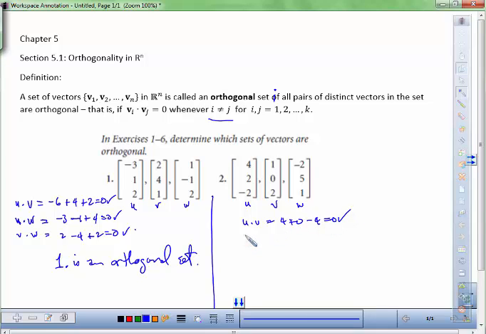So that checks out. U dot w is negative 8 plus 5 minus 2. Nope, plus 10 minus 2. So that's also equal to 0. And v dot w is negative 2 plus 0 plus 2.